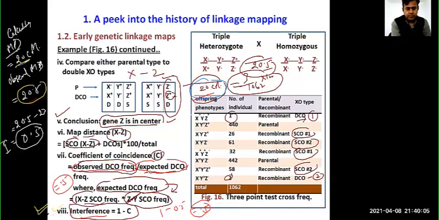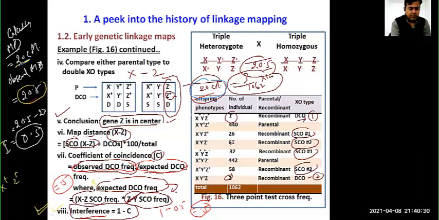Sir, can you tell me how to calculate the expected DCO using the formula? X to Z SCO into Z to Y. No, no, this is not X minus. X to Z, okay. And how to take the Z to Y value from the table, sir? You have to see the table.